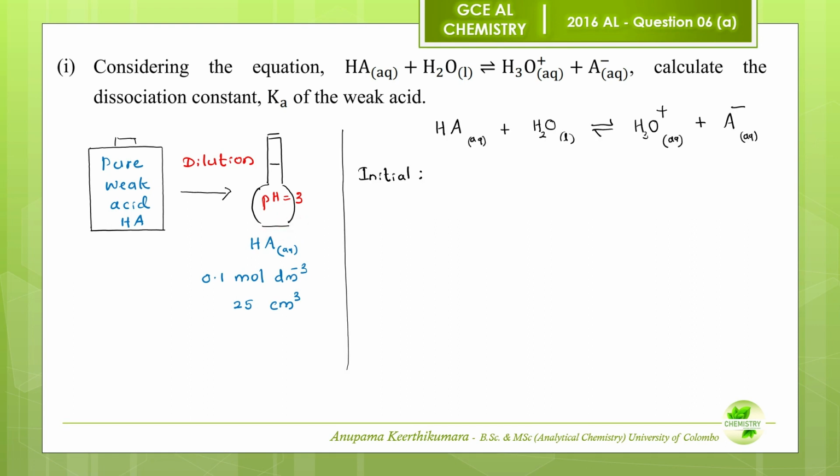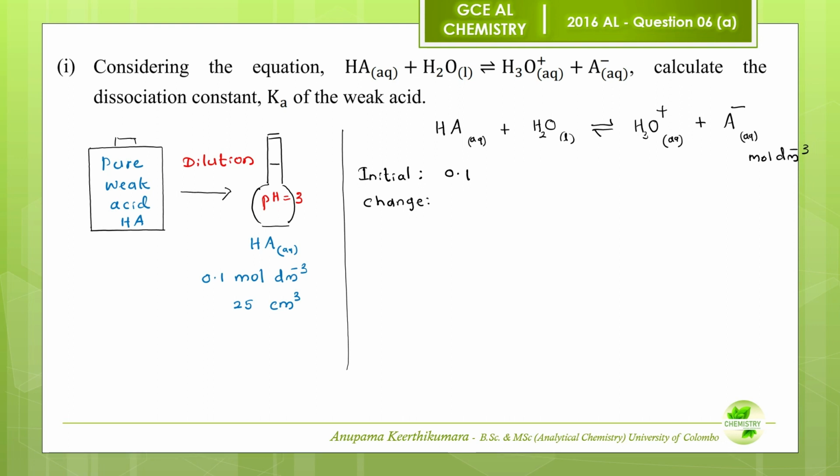Initial concentration of the weak acid is 0.1 moles per cubic decimeter. As this is a weak acid, it undergoes partial dissociation. Now check the stoichiometry in the given equation. So we can see the stoichiometry is 1:1.